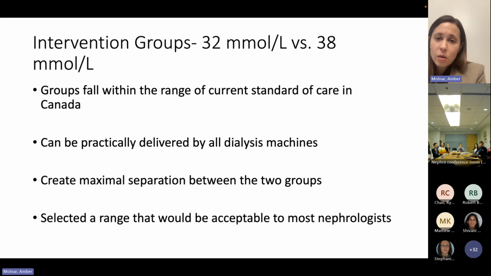One of our key goals is to ensure that we're within the current standard of practice, but we also want to create maximal separation between the groups such that if there truly is a difference in outcomes, we maximize our ability to detect this. In discussing with various nephrologists, we wanted to select a range that would be acceptable to most, and based on surveys we've conducted, it does seem that these concentrations are acceptable.